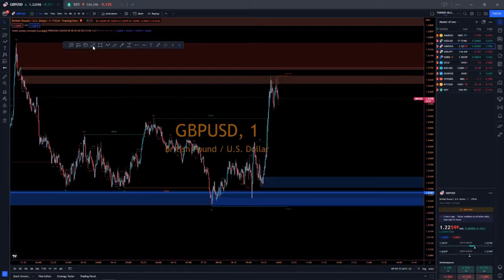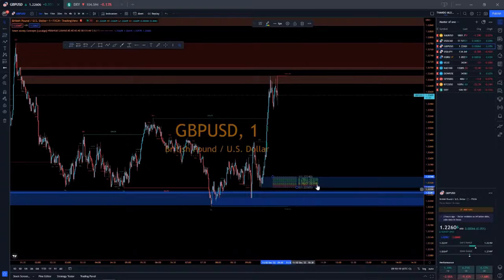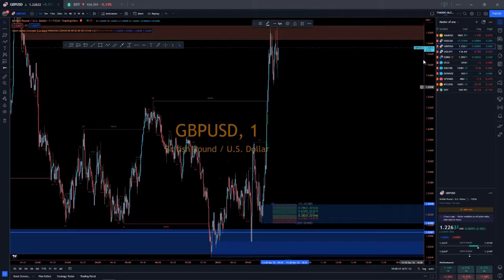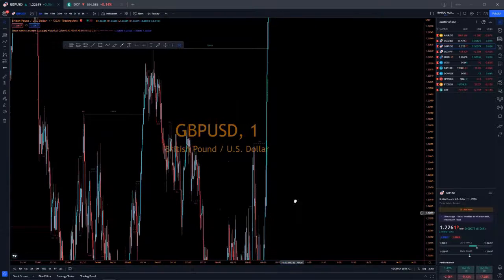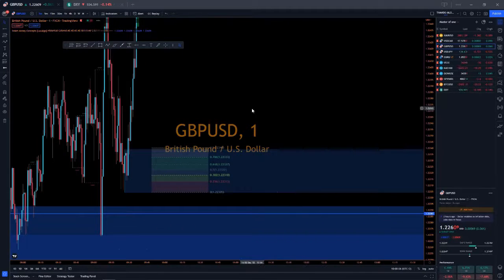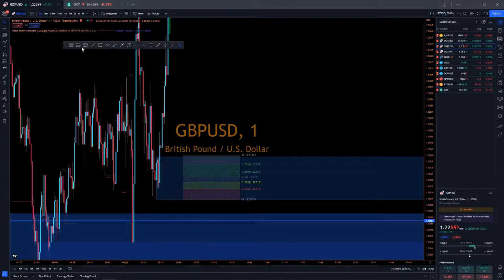So I take my Fibonacci, I measure that area from here to there, zoom that in so that we can see clearly. Then I look at the 50% mark. That's where I go long.